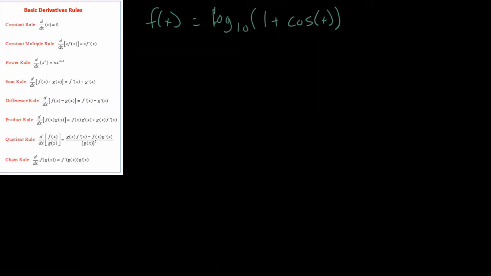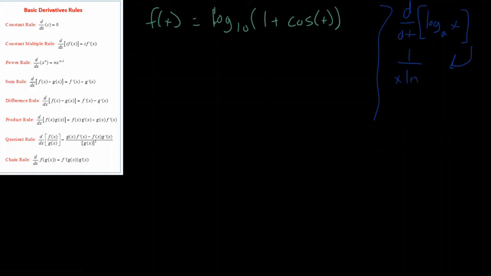Okay, so if we want to take f prime of this, we remember from the formula that we just learned that d/dx of log a of x, just write it down here, is 1 over x ln a. So let's go back and solve this then.